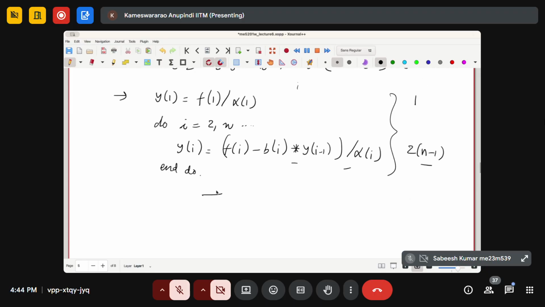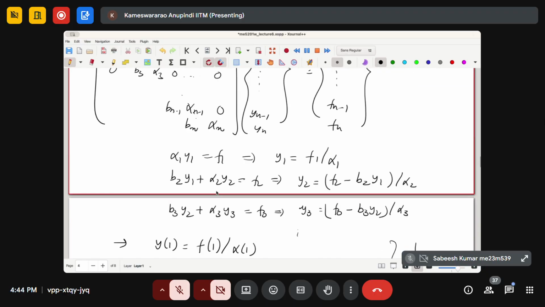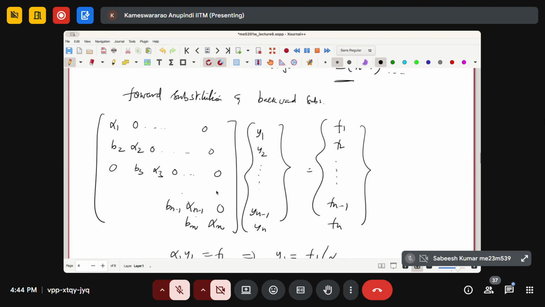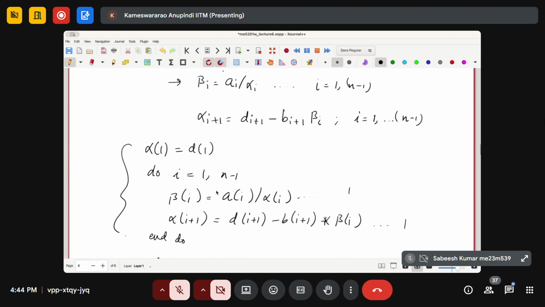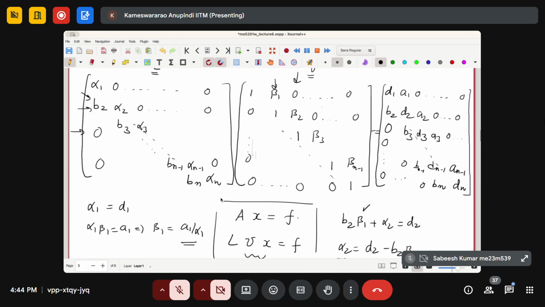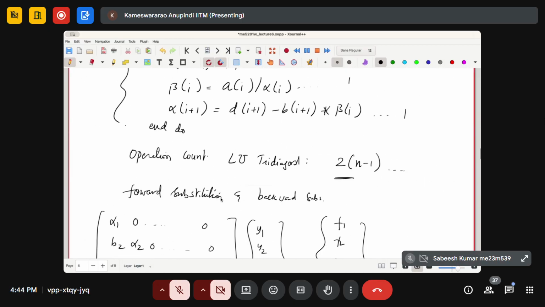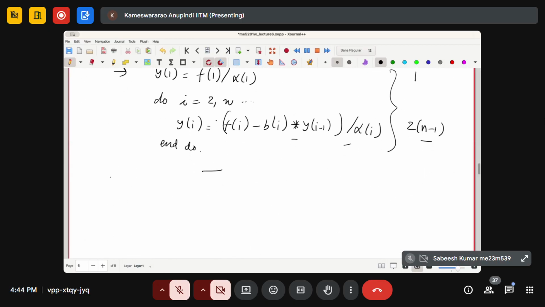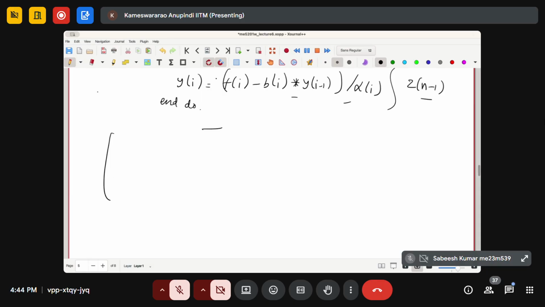Okay, so that's why. Similarly, we can do the back substitution also. The back substitution is for betas, right? So the matrix we have is betas, ones and betas until n minus 1. So that's going to be like this: 1, beta 1, 0 all the way to 0. 0, 1, beta 2, 0 all the way to 0, and so on.